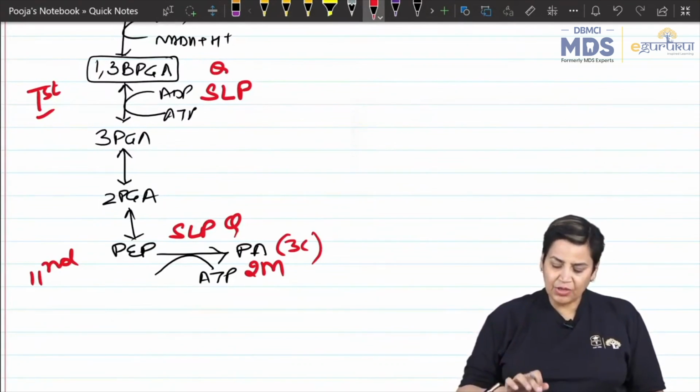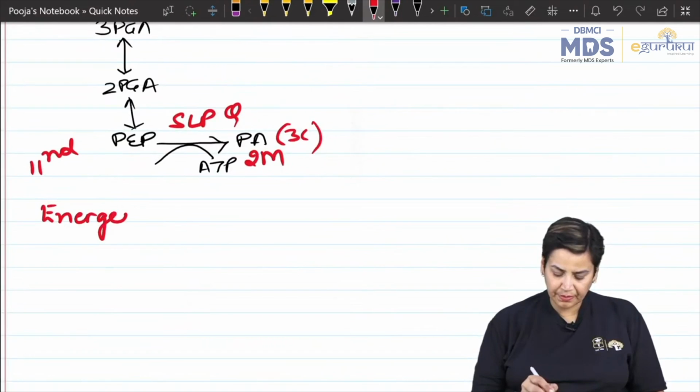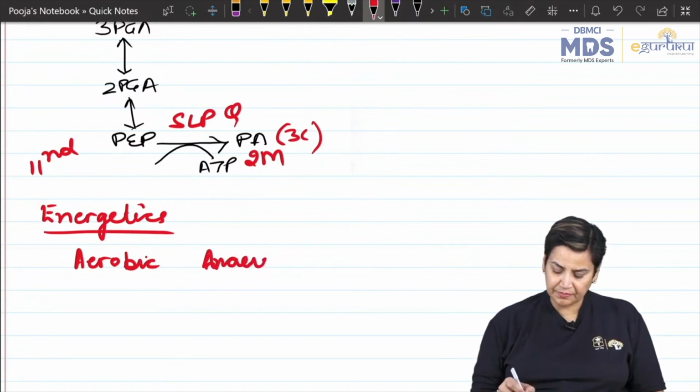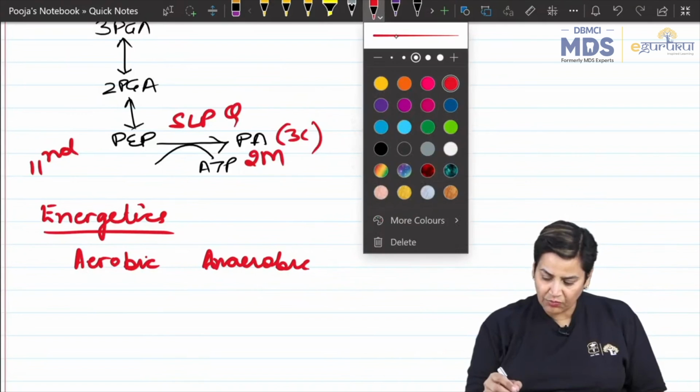Okay? Then coming over to the energetics, you can simply say that one is aerobic, in the presence of oxygen, and the other is anaerobic, in the absence of oxygen.